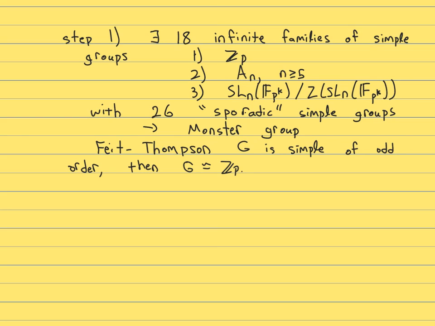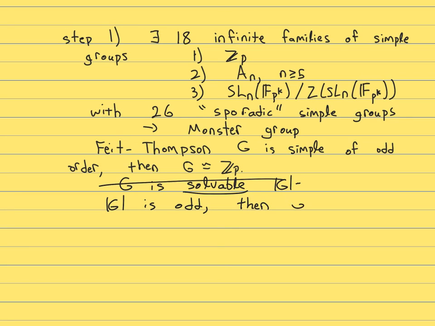But that requires the notion of solvability, which we'll get to in a later lecture, but I'll at least point out the actual theorem. If G is odd, then G is solvable. And you'll see how that implies this. That proof alone takes up 255 pages. So this stuff is very, very difficult.